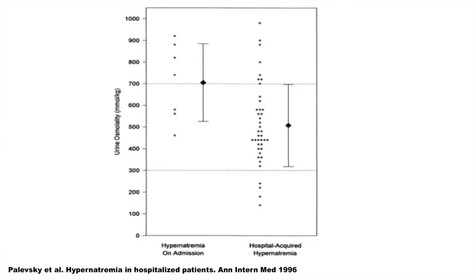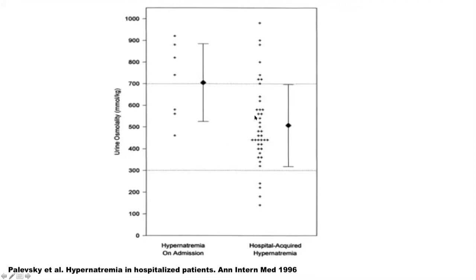And when we look at the urine osmolalities between the two groups, in this study, they defined a good concentrating ability if the urine osmolality was 700 or greater, and they diagnosed diabetes insipidus if the urine osmolality was below 300. And as you can see here, patients admitted to hospital who had hypernatremia at the time of hospitalization actually had excellent concentrating ability.